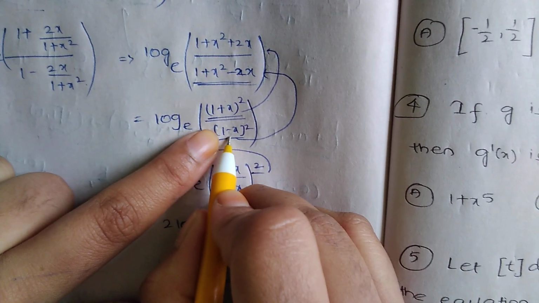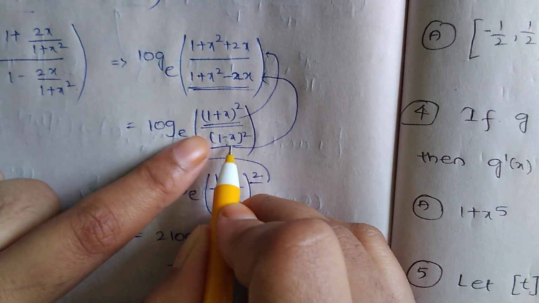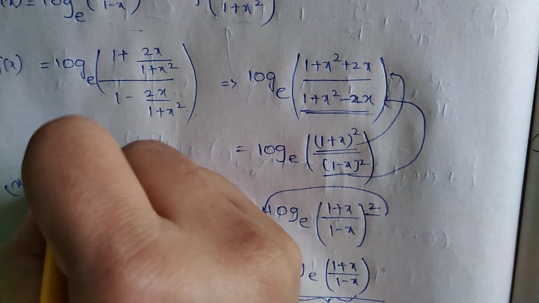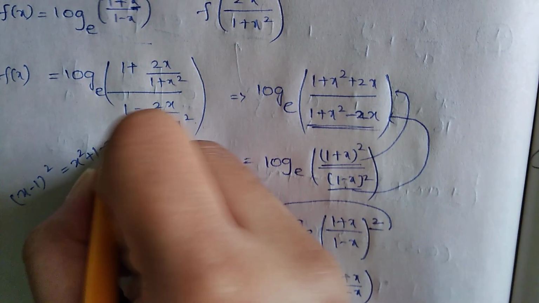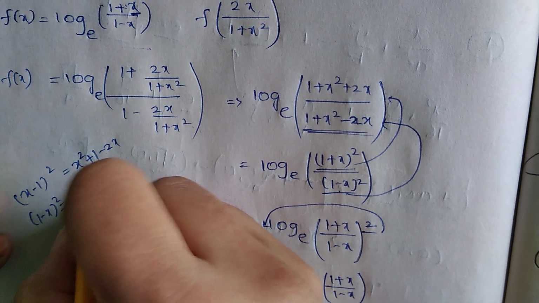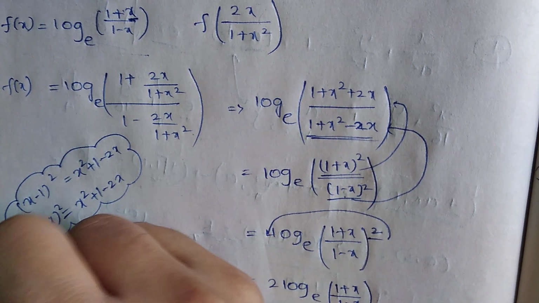Look here, there is a scope of even taking x minus 1. Yes or no? We can also take x minus 1. Expand x minus 1, what do you get? x square plus 1 minus 2x. Expand 1 minus x, what do you get? x square plus 1 minus 2x. Both are the same here.